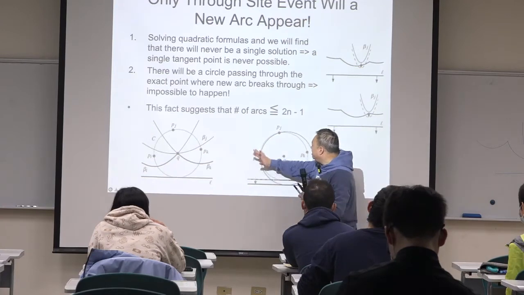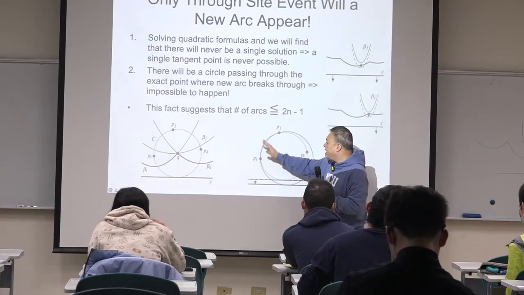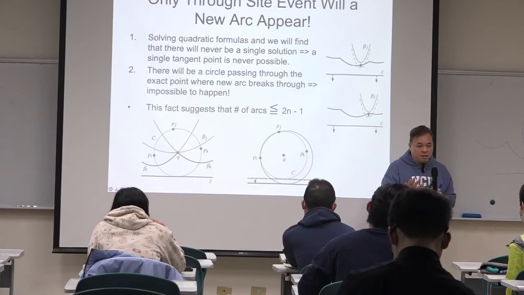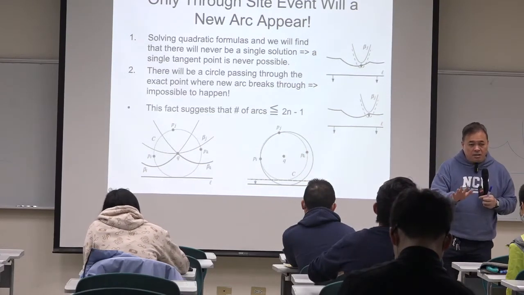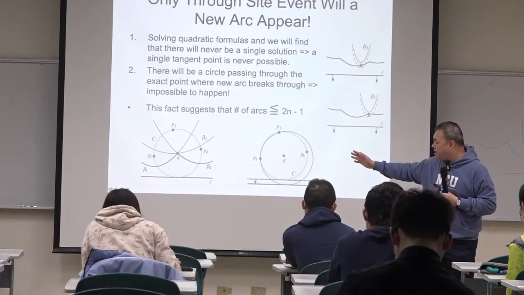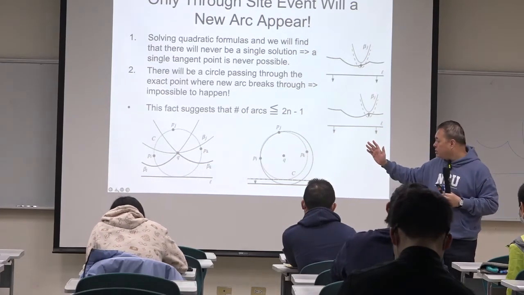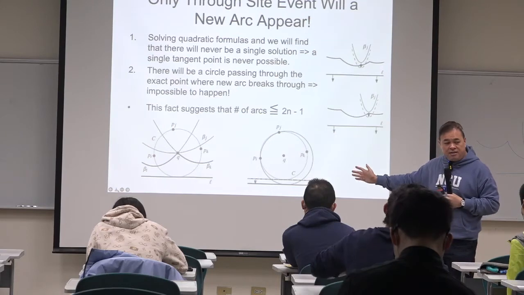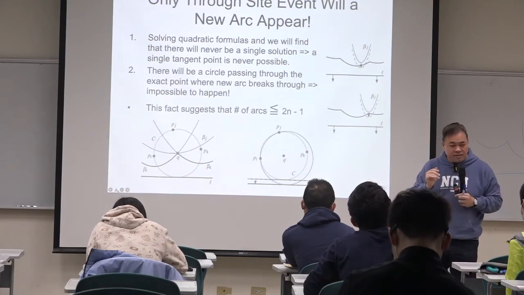The PI, PJ, and PK, they have a left-right relation. The leftmost one is PI, right? The rightmost one is PK, right? The center one is PJ, right?